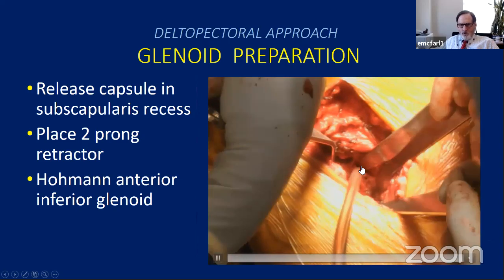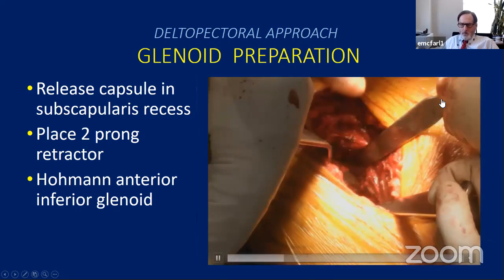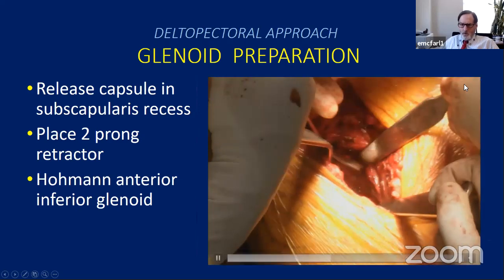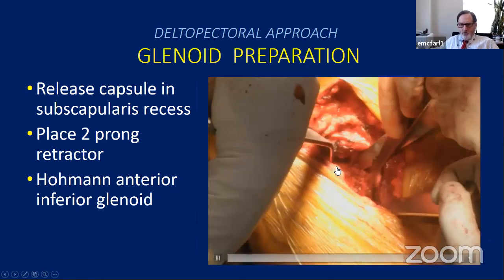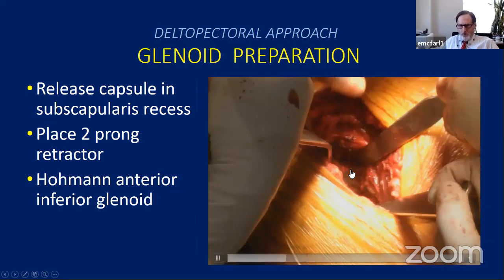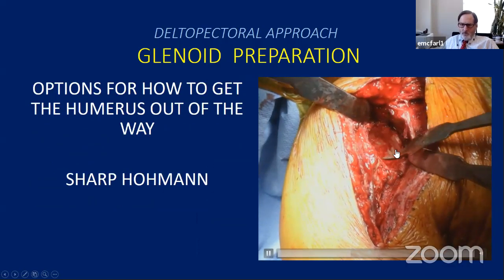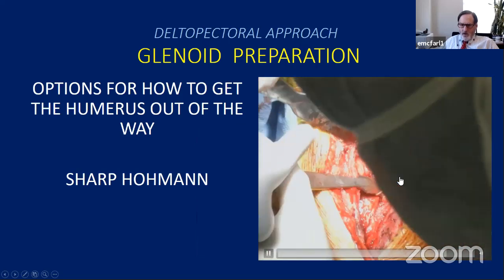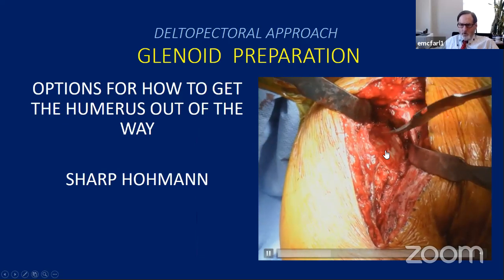So I usually put a 2-prong or some kind of retractor along the front, and we put a sponge on it so that we don't have to hold it. We can actually secure it out here somewhere. But anyway, the goal is to essentially get retractors around the glenoid. So once you've exposed the glenoid, you can see now the anterior rim here, the labrum's all taken out. There's 3 or 4 different ways you can help expose the glenoid.